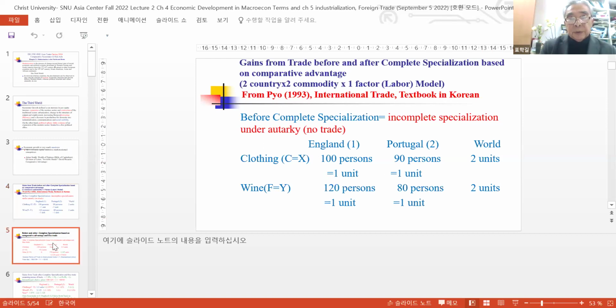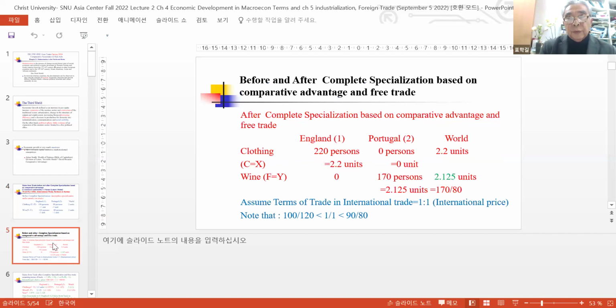What happens if two countries listen to Ricardo's message and engage in complete specialization based on comparative advantage, not absolute advantage? What is the meaning of comparative advantage?